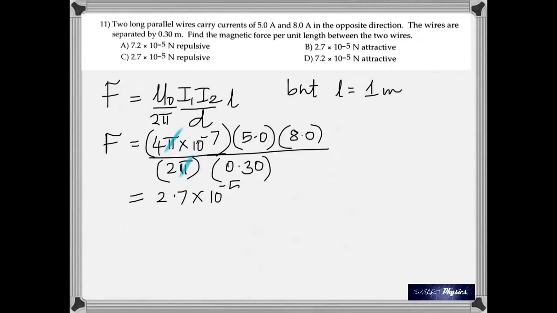The answer is 2.7 times 10 to the negative 5 newtons, and it's going to be repulsive because the currents are flowing in the opposite direction.